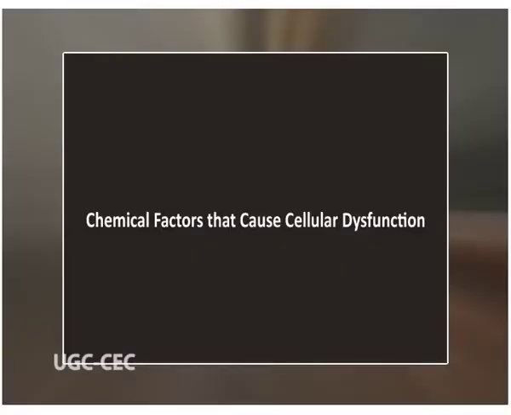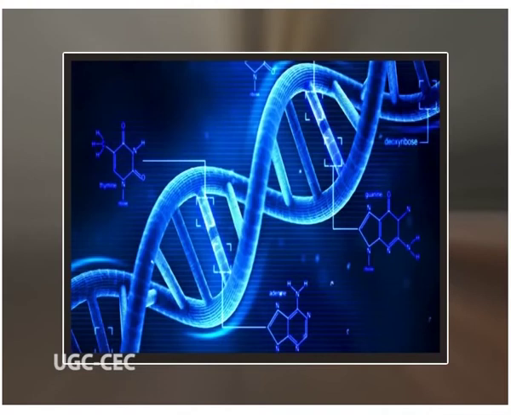Chemical factors that cause cellular dysfunction. Number first is chemicals that cause DNA adducts, which can lead to DNA mutations that can activate cell death pathways. Number second is chemicals that cause protein adducts, which can lead to protein dysfunction that can activate cell death pathways. Protein adducts can also lead to autoimmunity.